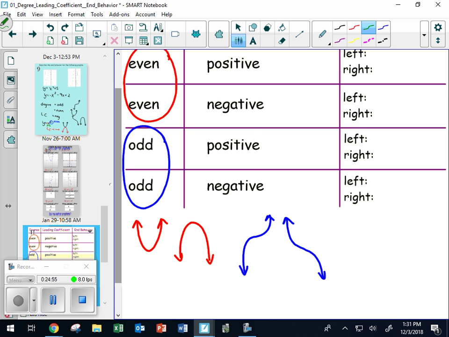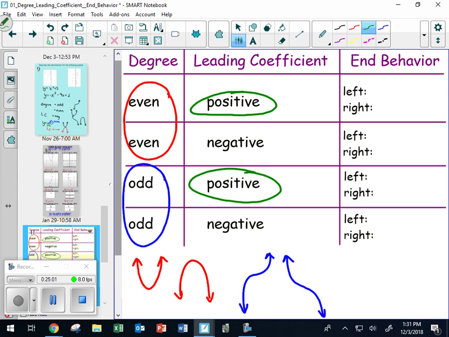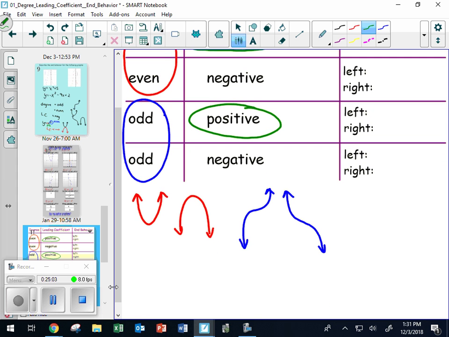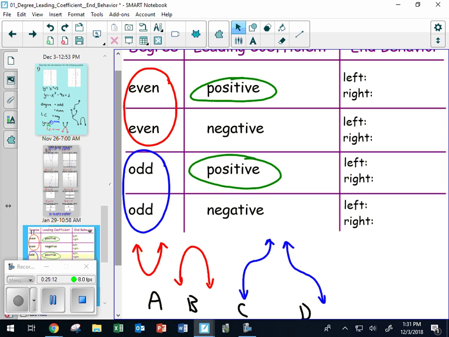So now we just have to figure out, if I am looking at the positives, if I have something that's even and positive, which of my 4 graphs down here am I going to turn up with? A, B, C, or D? If you are even and positive, write on your iPad, is it A, B, C, or D? And then show it to me.